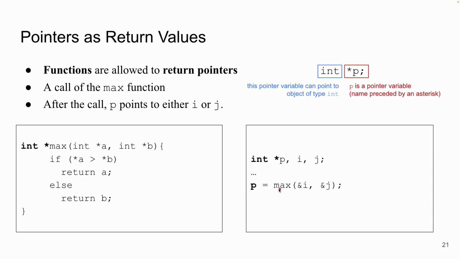So by getting the return value from the max function, we can make p point to the variable i or j that has a bigger number. So this is how we can create a max function like this and make this function return a pointer, to make the function return the memory address of one of the objects.